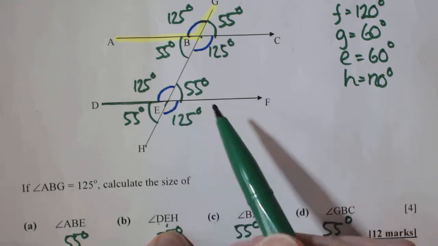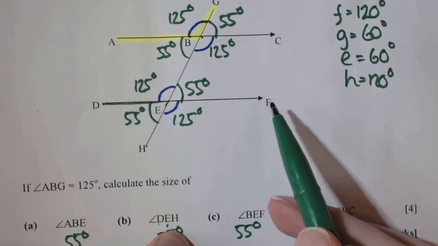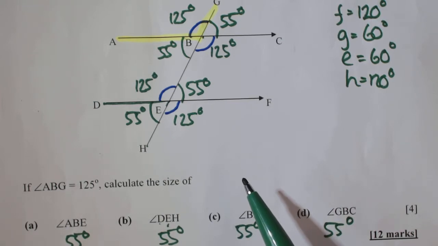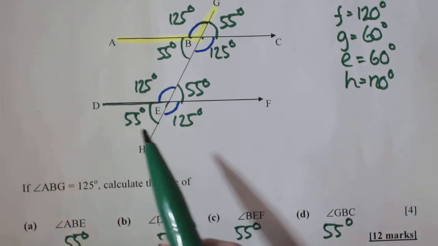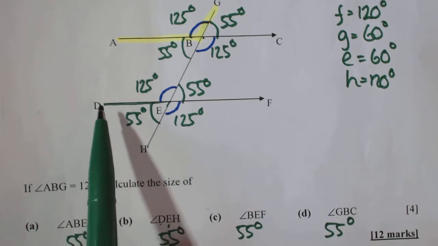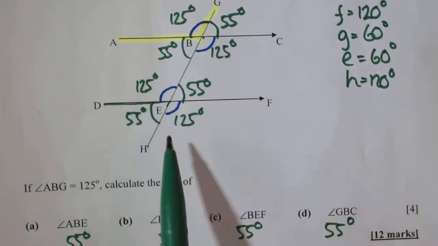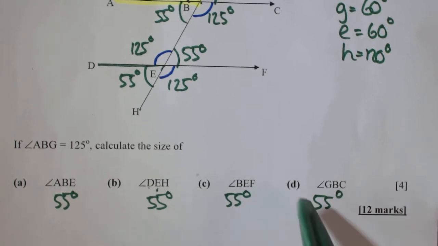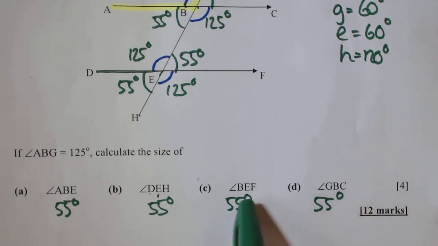If they'd said FEH, that would be 125. Okay, but they've not. Likewise, if they'd said DEB, would be 125. But not every single question they've asked is the exact same number of degrees, okay? And always remember the units as well.